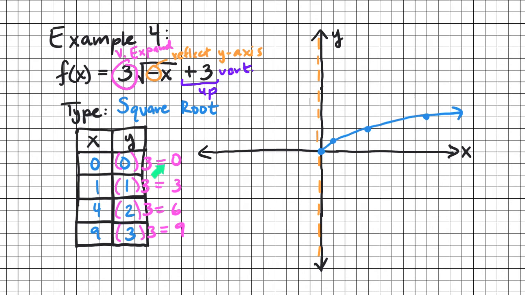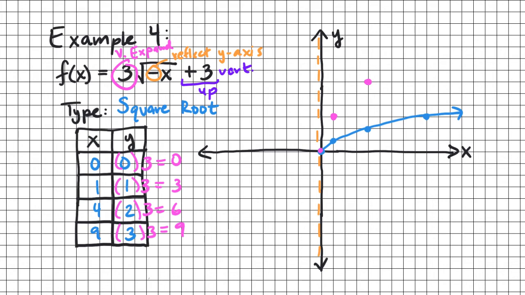Okay, so if I do the expansion, I'm going to put the point 0, 0 in pink. My next point is 1, 3, because remember the x's stay the same, so that's to the right 1 and up 3. And then 4, 6, to the right 4 and up 6.